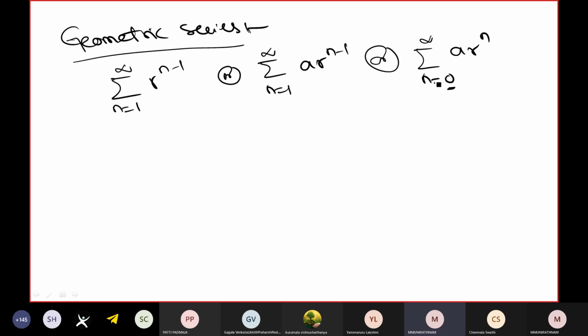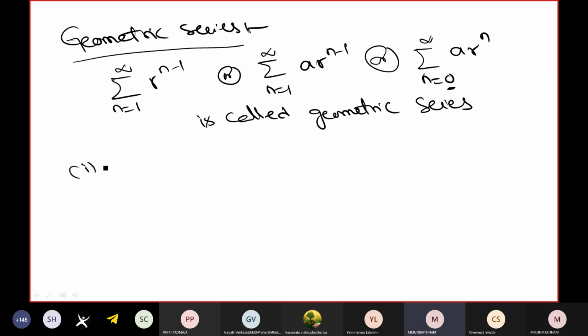This is 0, this is 1, okay na? A r power n is called geometric series.